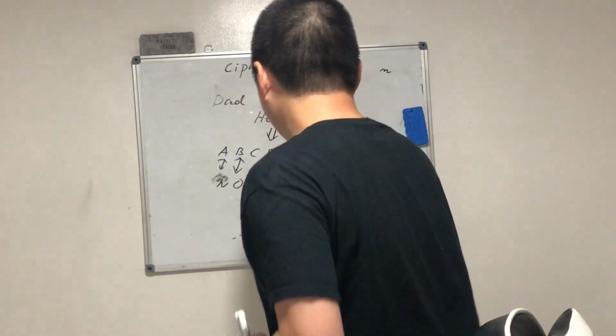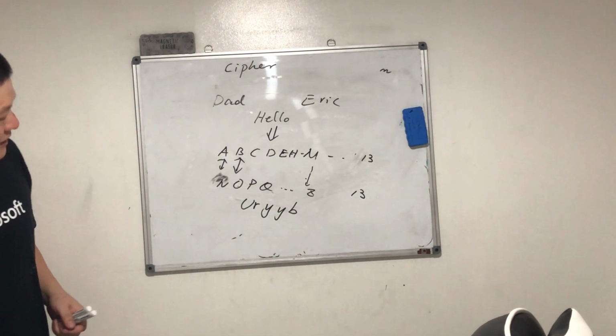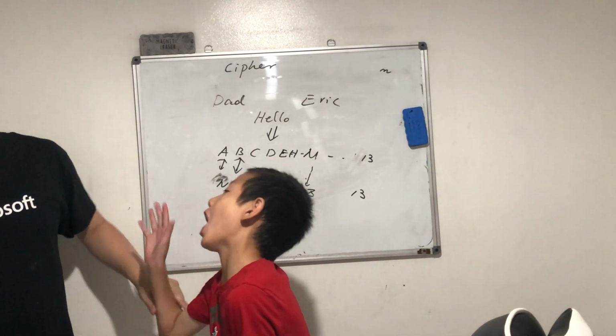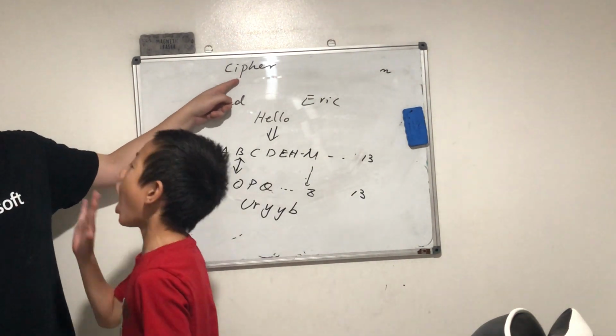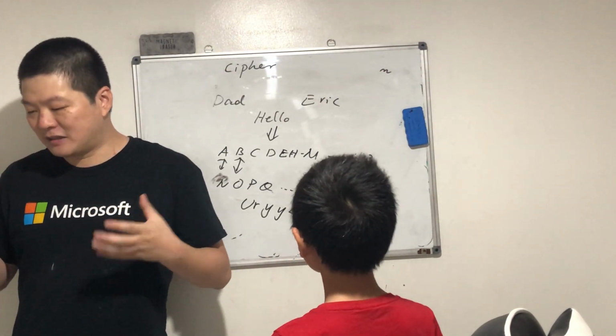U-R-Y-Y-B. So, we're talking about cipher. Cipher is a disguised way of writing something in secret.